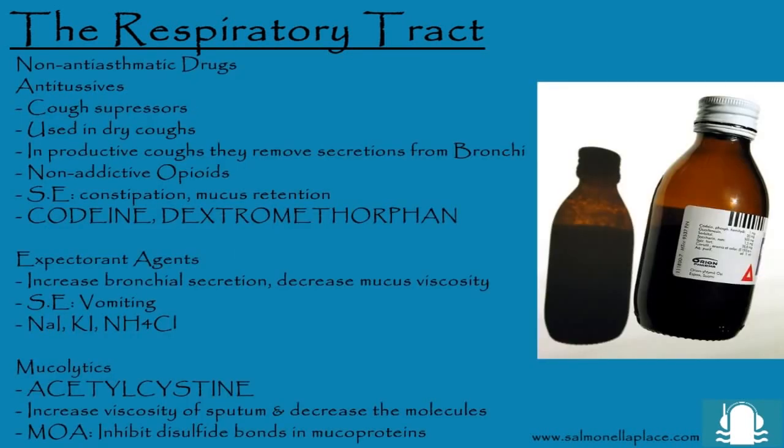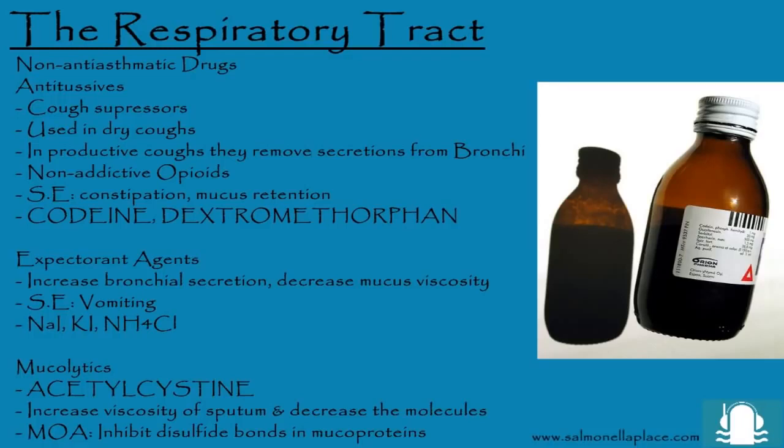Now I'm going to tell you about the last 3 drug groups. First one is antitussives, otherwise known as cough suppressors. So they suppress the coughing reflex. They're usually used for a dry cough, but if you do have a productive cough, they can be prescribed to remove the secretions from the bronchi, which is the mucus.